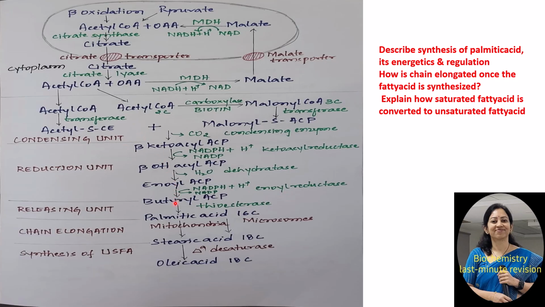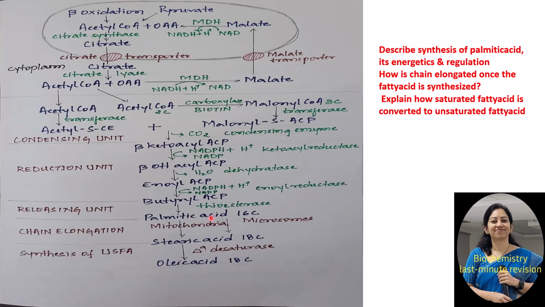Now these three enzymes constitute the reduction unit, from beta-ketoacyl ACP to beta-hydroxyacyl ACP to enoyl ACP and forming butyryl ACP. Now, with addition of more malonyl-CoA, at the end palmitic acid is formed, and this has to be released, and the releasing enzyme is thioesterase. So this constitutes the releasing unit.